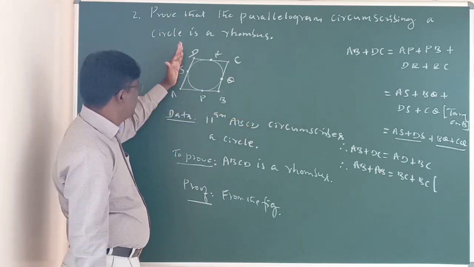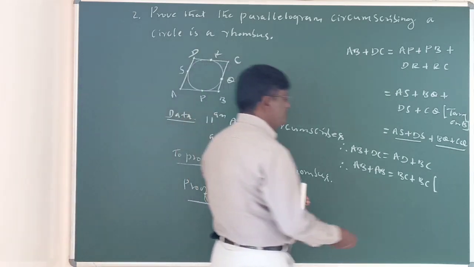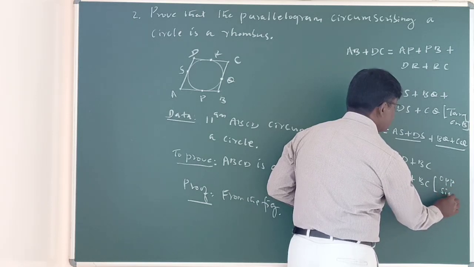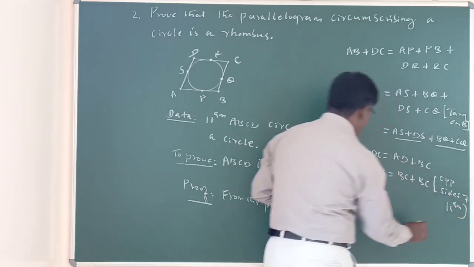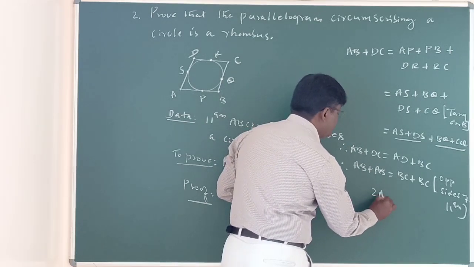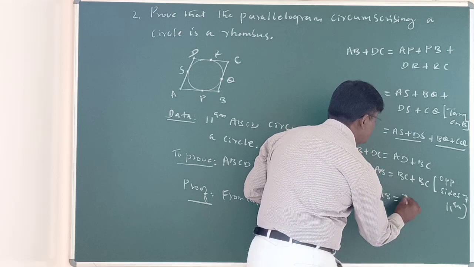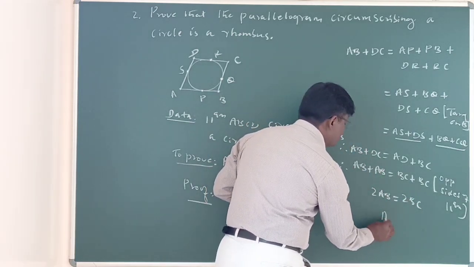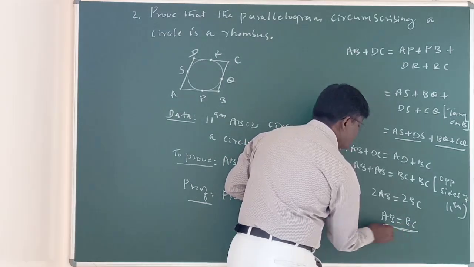In place of AD, I have written BC, opposite sides of a parallelogram. Just mention the reason. So 2AB equals 2BC. The 2 gets cancelled. Therefore, AB equals BC.